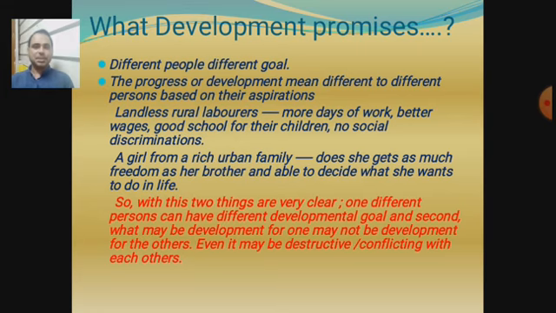Does she get the opportunity to study abroad? This may be a developmental goal for her. In the same way, what an industrialist thinks about his development may not be similar to a person who works on daily wage.